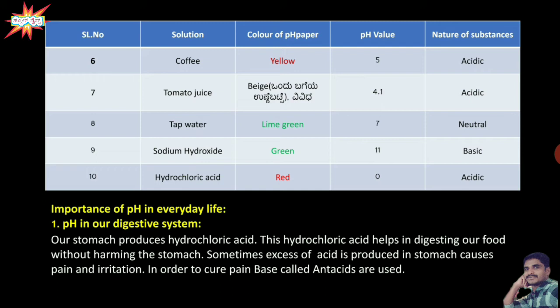Next point, importance of pH in everyday life. pH in our digestive system. Our stomach produces hydrochloric acid. This hydrochloric acid helps in digestion of our food without harming the stomach, as only a limited amount of hydrochloric acid is released.